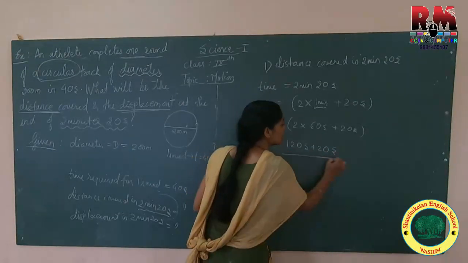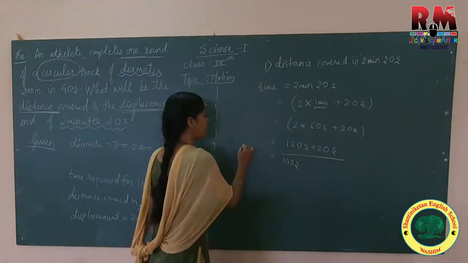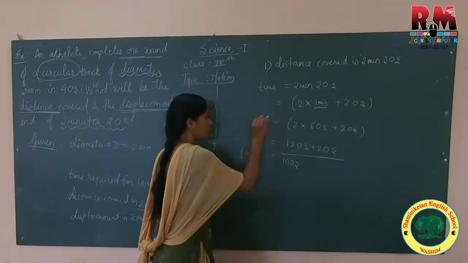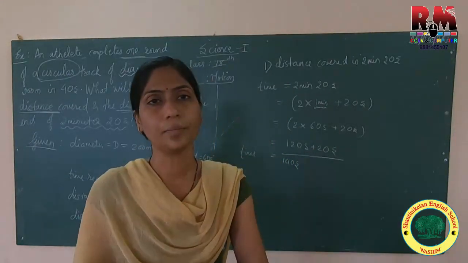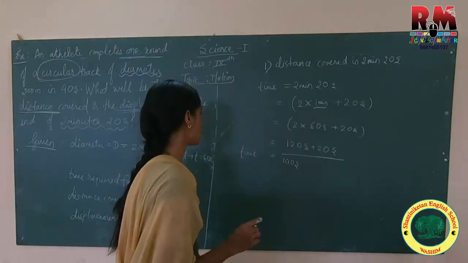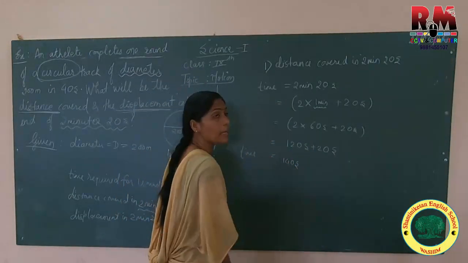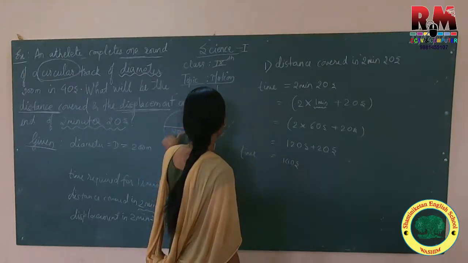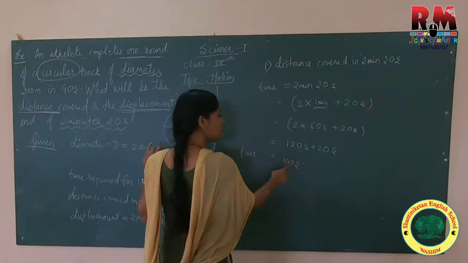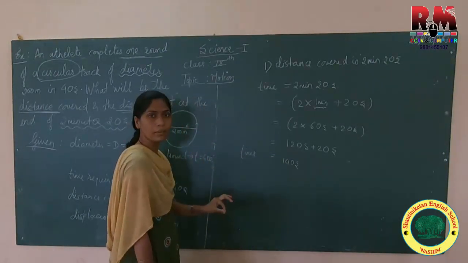Total it becomes 140 seconds. So time for covering that distance is 140 seconds total. Now 140 seconds is the total time required for a number of rounds. It means in this much time we have to find how much distance will be covered.